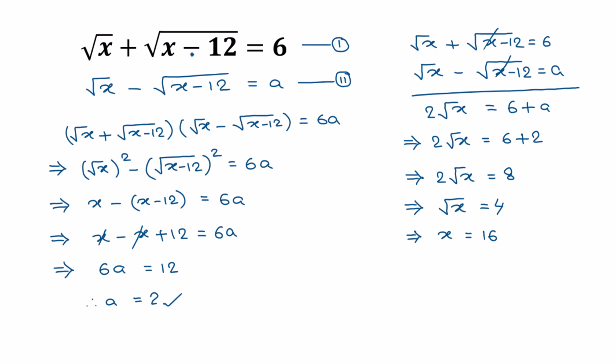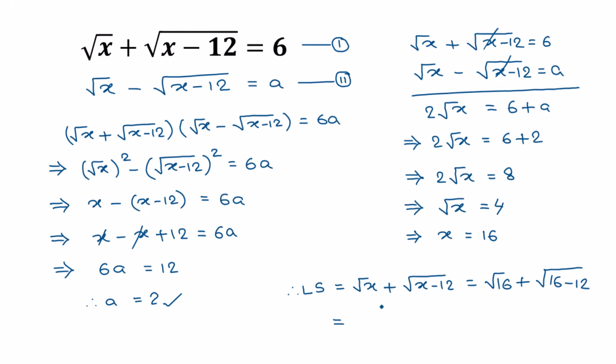Now let's verify this value of x in our equation. We have left side is equal to square root of x plus square root of x minus 12. Substituting the value of x is equal to 16, we can write square root of 16 plus square root of 16 minus 12.